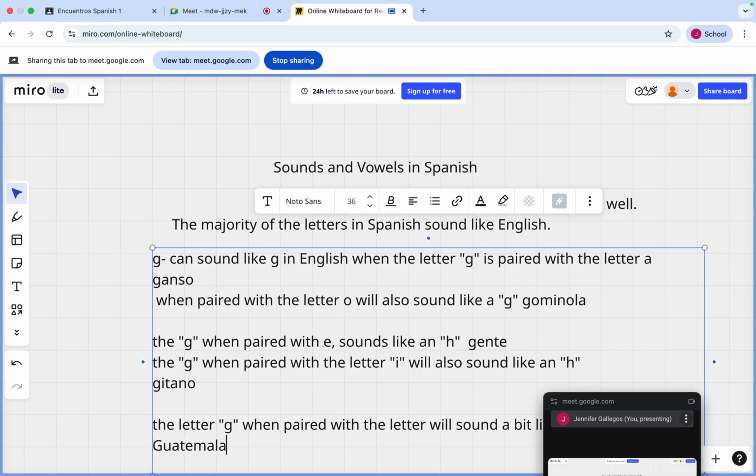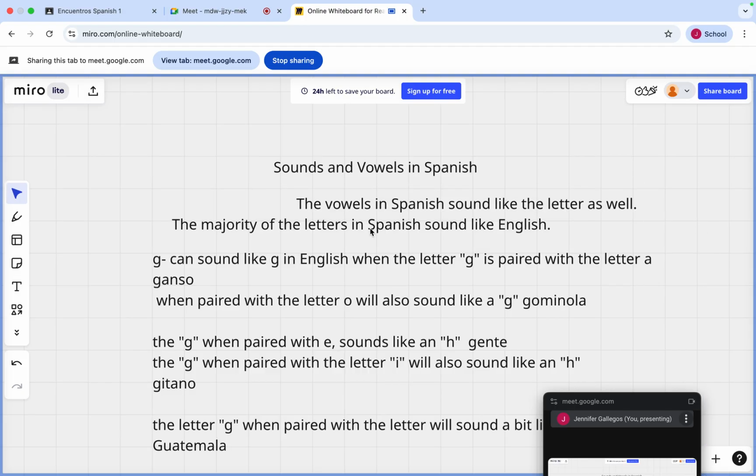In English, we might say it Guatemala, but in Spanish, it's Guatemala. Okay? Now, I don't expect anyone to have perfect pronunciation, but to just follow these rules. So I wouldn't want anyone to say Guatemala. It would be Guatemala. Okay? For the purposes of the class.